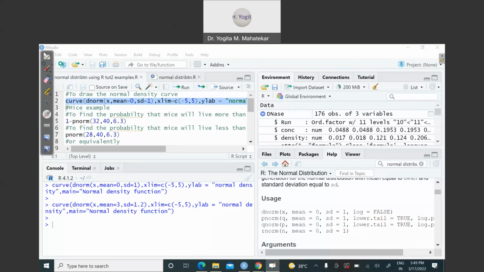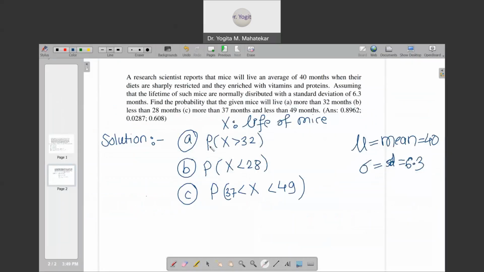So let me go to that example again. The A part of the question says that I have to find the probability that X is greater than 32. So we have to find the probability X greater than 32. This we can do using the pnorm command. Now I will tell you how to use this pnorm command while finding these kinds of probabilities.